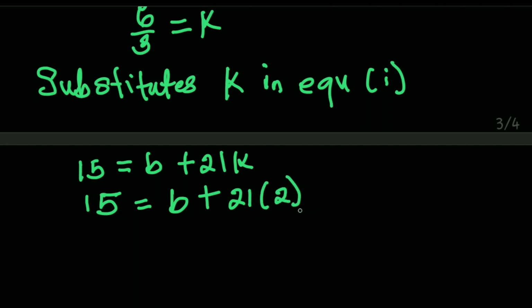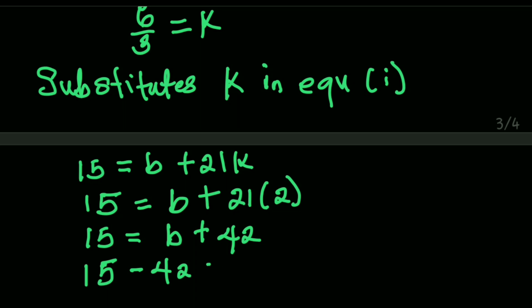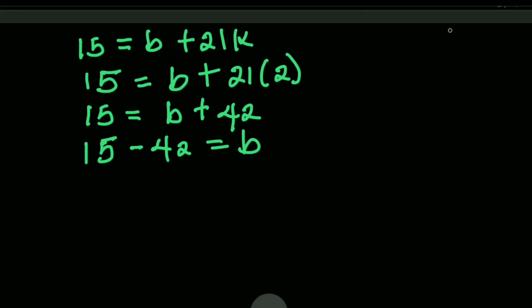The value of K is 2. So this is 15 equals B plus 42. And so we rearrange this. We have 15 minus 42 equals B. 15 minus 42 will give us minus 27 equals B, and that's the value of B.